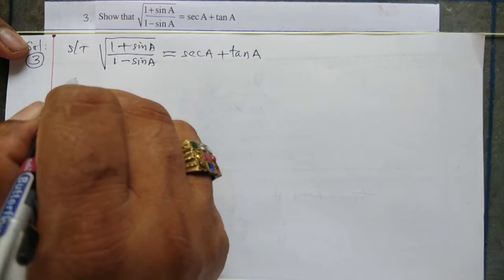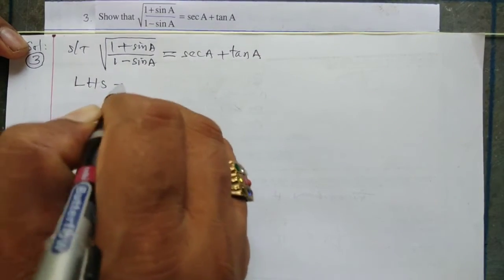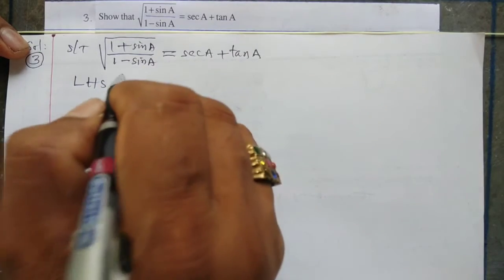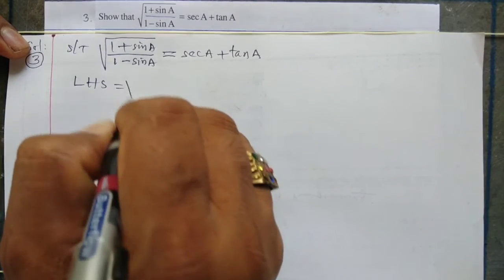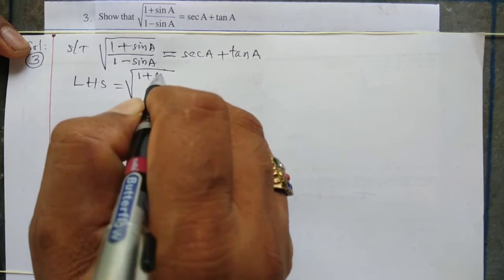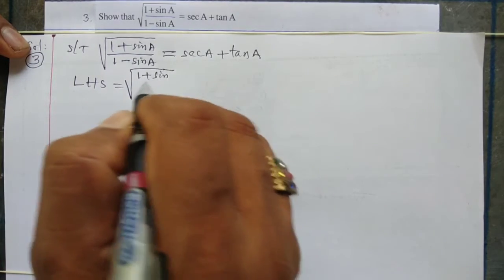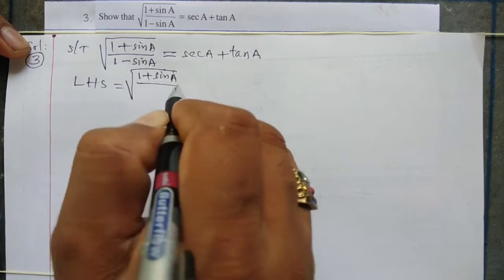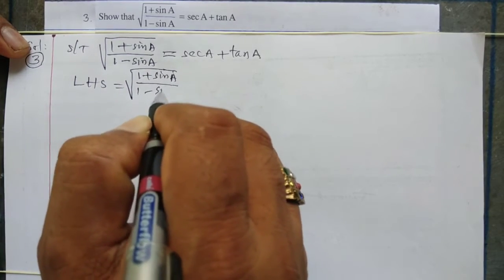To show this, I will take LHS and show RHS. This LHS is under root of (1 plus sin A) by (1 minus sin A).